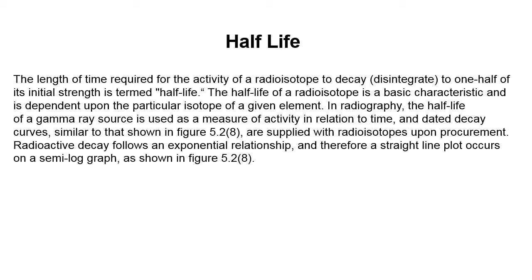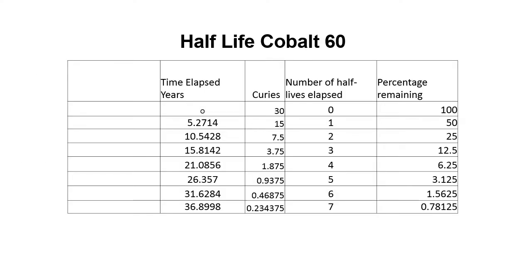Radioactive decay follows an exponential relationship, and therefore a straight line plot occurs on a semi-log graph as shown in 5.2.8. So this is the half-life of Cobalt-60. It's got a half-life of 5.27 years, and it shows you, okay, if you start out with a chunk of it, let's call it 1 pound, then after one half-life, in 5 years, you're going to have 1/2 pound.